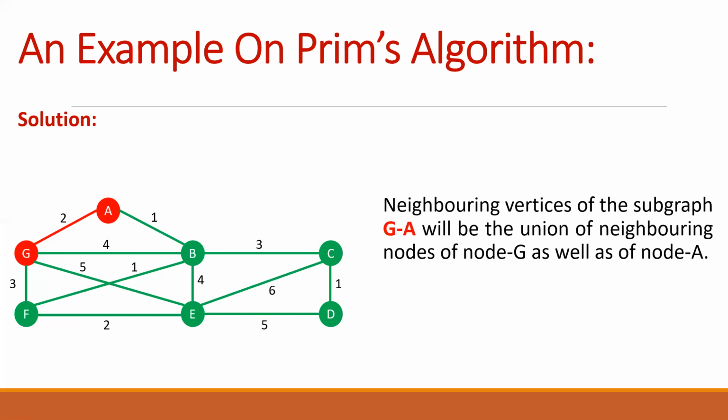G is a part of the subgraph GA. Therefore, the only choice that remains for A is B.